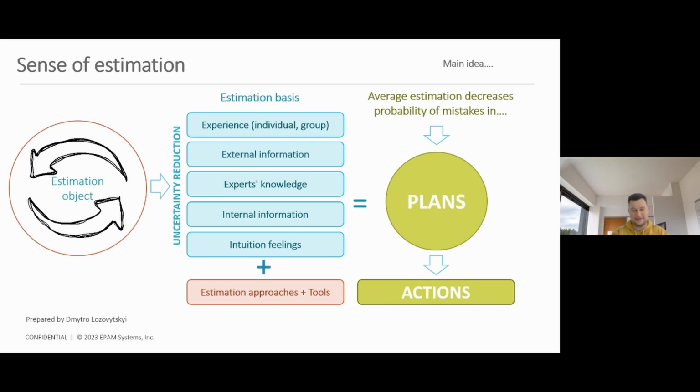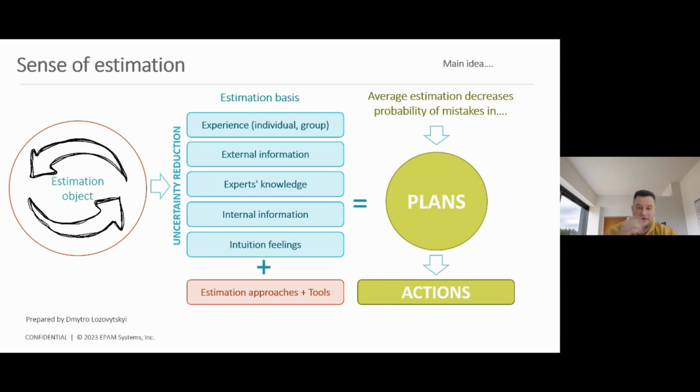That is why the estimation process is not only a business analyst task, not only a PM task, not only a delivery manager task. This is an activity for the whole team, because one head is great, but 10 heads are much better. Please don't forget about that and remember this wise approach. So average estimation decreases the probability of mistakes in your work life.